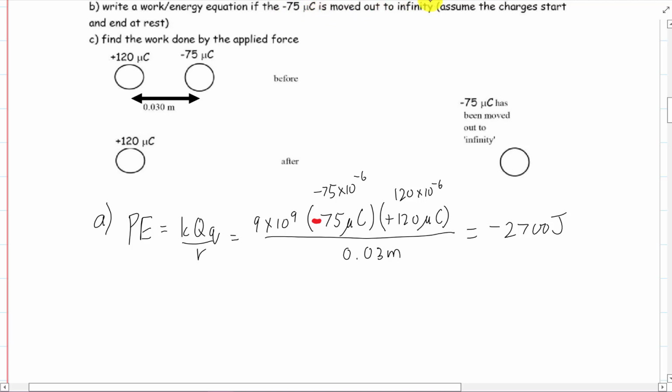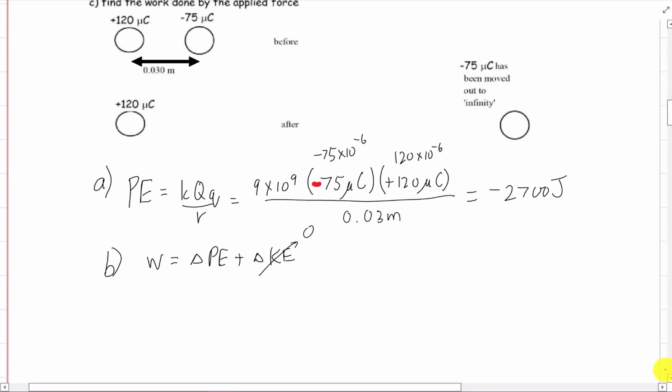Now write the work-energy equation. If that was to be moved out to infinity, how much work would be required? Work is the change in potential energy plus the change in kinetic energy. We're moving it at a constant speed, so there's no change in kinetic energy. Then calculate the work done.